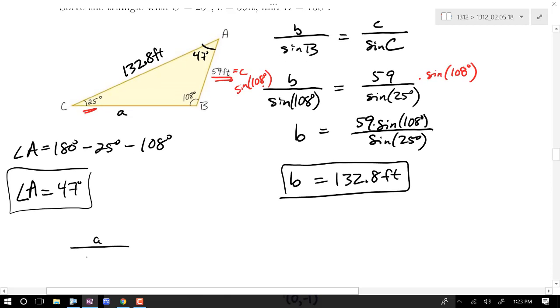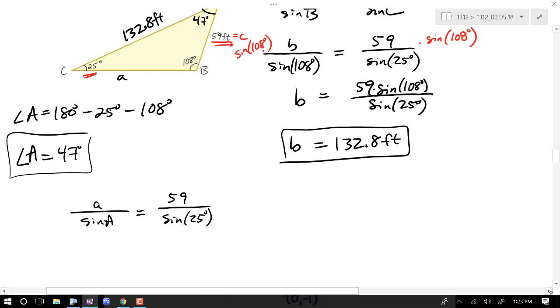So A divided by sine A equals, and again I usually use the given pair of information whenever possible, so this would be 59 divided by sine of 25. So A over sine of 47 is 59 over sine of 25.